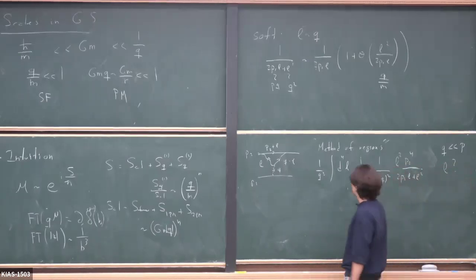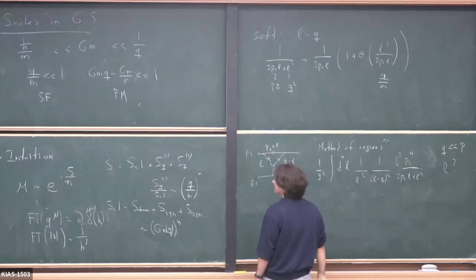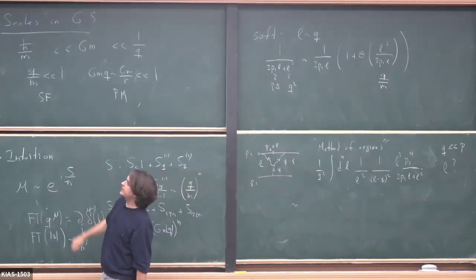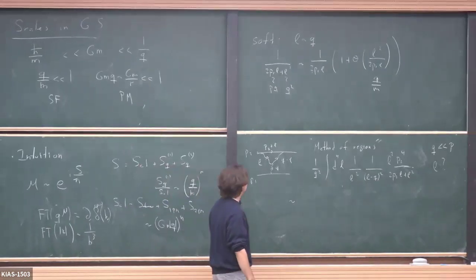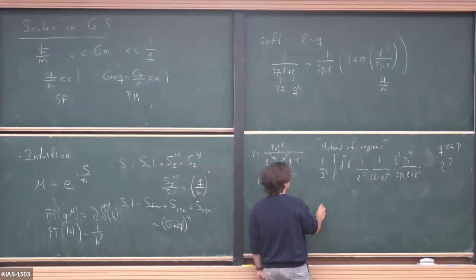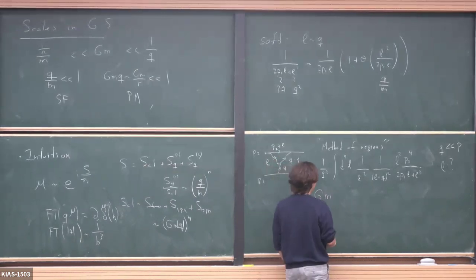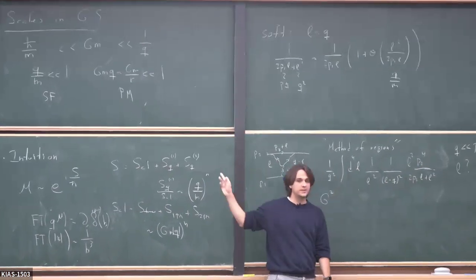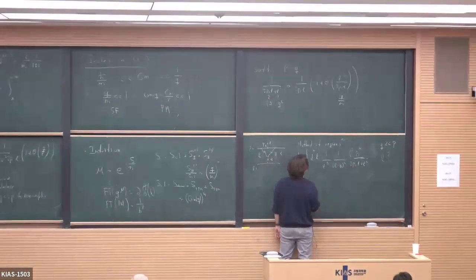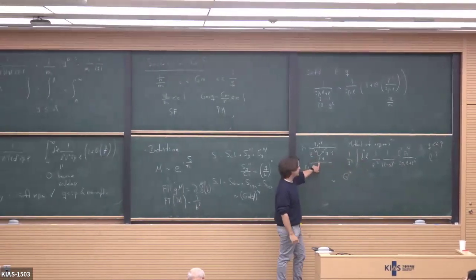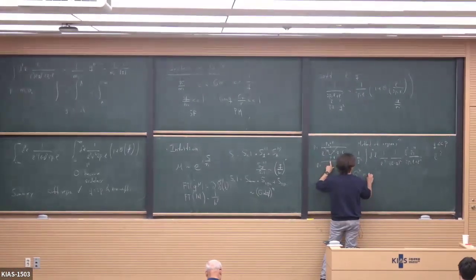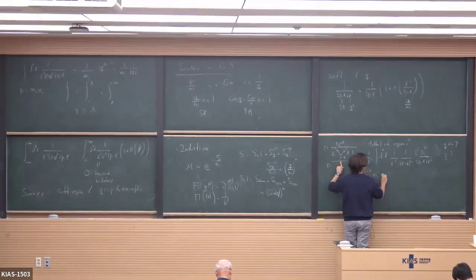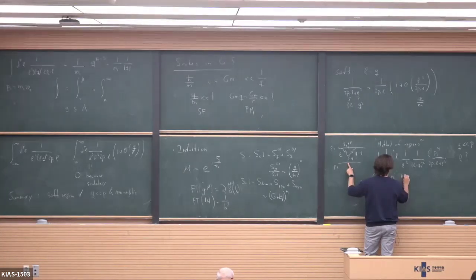So what does this scale like? We said the scalar integral itself went like 1 over m2, 1 over q. Let me put also the factors of g. So this will be g squared, with p2 to the fourth, which is like the mass to the fourth, divided by 1 power of the mass. Here I'm going to have m1 squared, m2 squared, and then m2 over q.